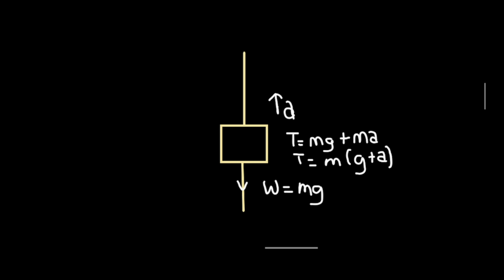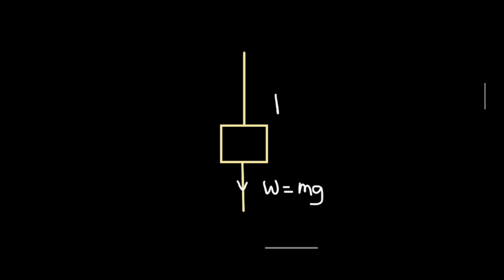Now let's look at the third scenario. These are the three scenarios that they give under tension, and it's very important to understand all three. Let's say this is still our elevator, and the elevator is going down, accelerating downwards.